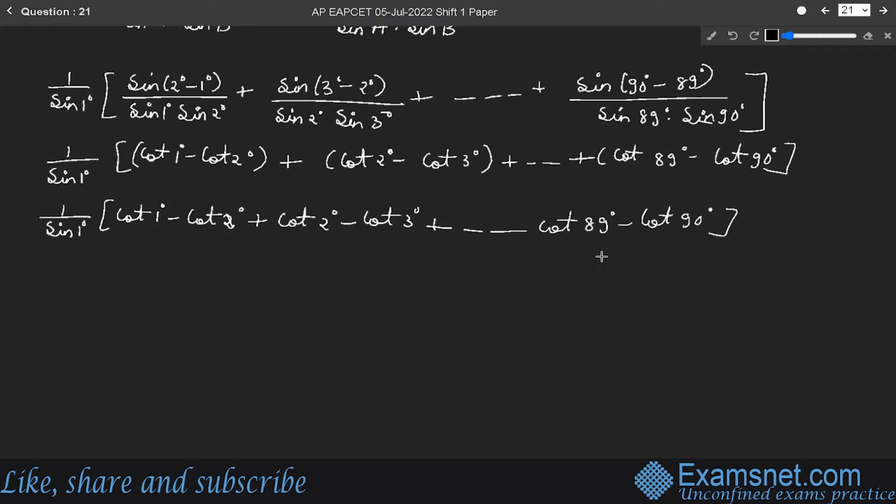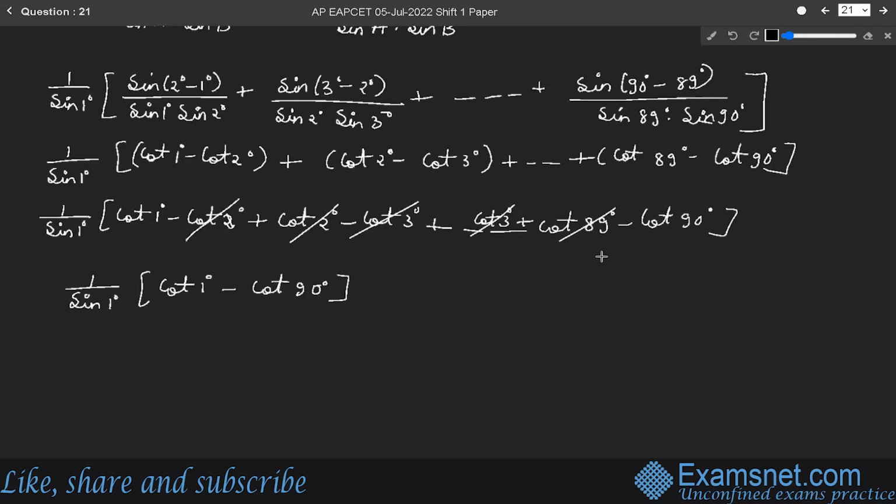You can see that minus cot 2 degree and plus cot 2 degree will be cancelled. Similarly, minus cot 3 degree and plus cot 3 degree will be cancelled. So like this, every term will be cancelled before minus cot 90 degree. So the remaining terms here are 1 upon sin 1 degree into (cot 1 degree minus cot 90 degree).